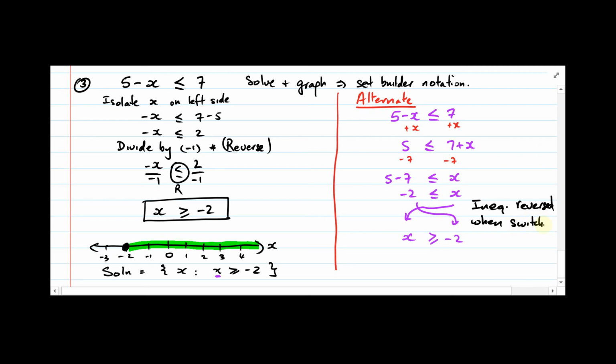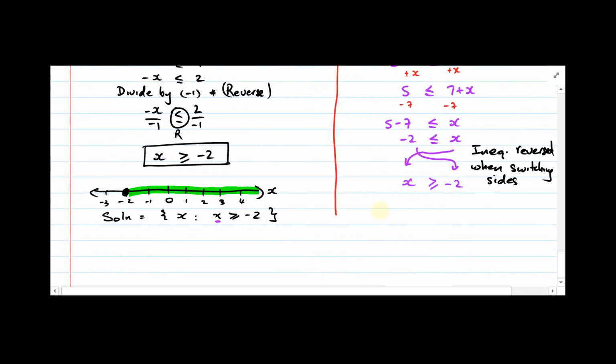When switching sides, the inequality is reversed. So we arrive at the same answer. Just be careful, keep those rules intact in your mind, and use them exactly how you solve an equation.